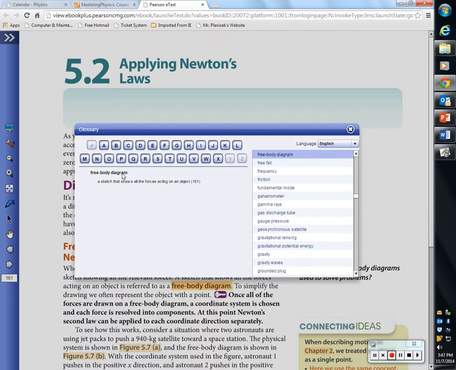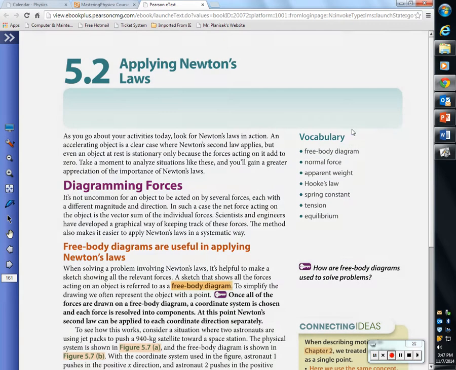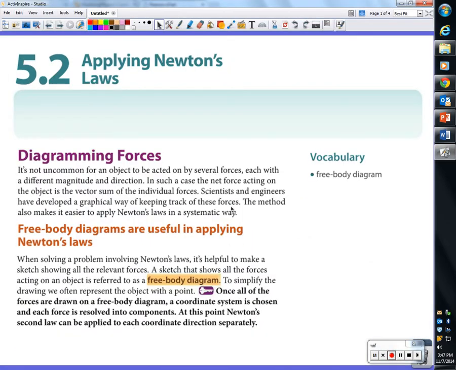So, our first order of business today is going to be analyzing and constructing our own free body diagrams.